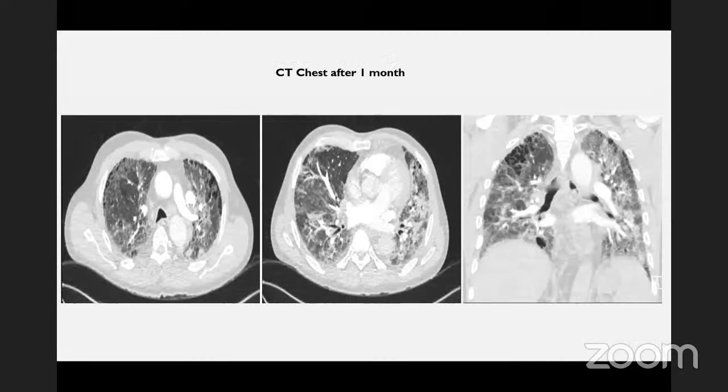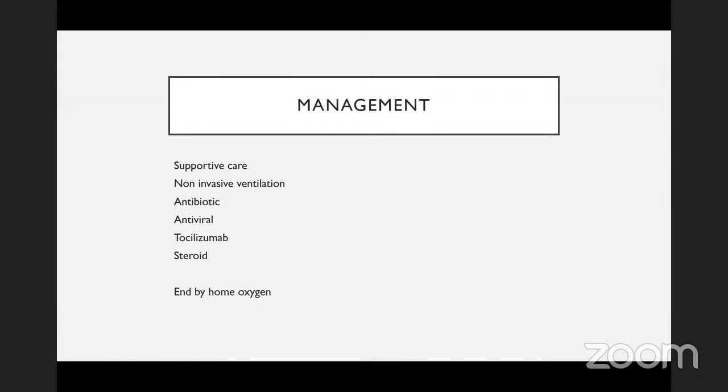He also had a CT chest after 1 month from his hospitalization, which showed destruction of the lung, and we call it post-COVID complication. Sometimes it ends in lung fibrosis, and as we read in the literature, some patients even required lung transplantation. So he received supportive care with non-invasive ventilation, antibiotic, antiviral, steroid, and tocilizumab. This patient is on home oxygen, actually.